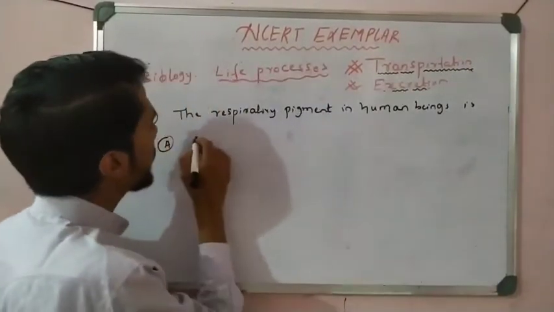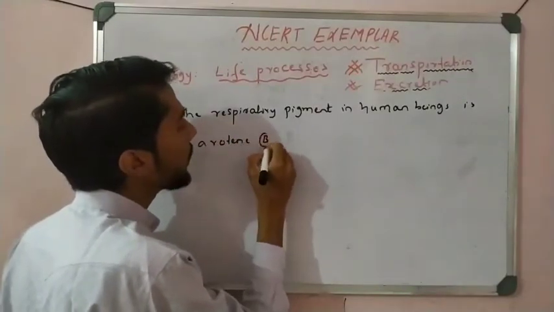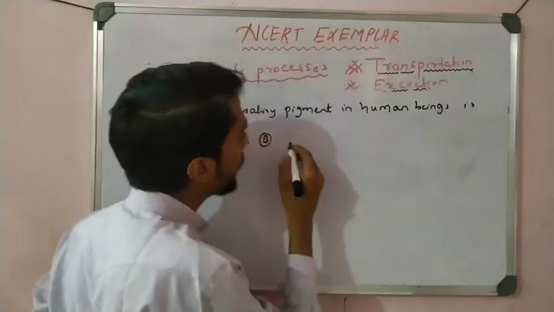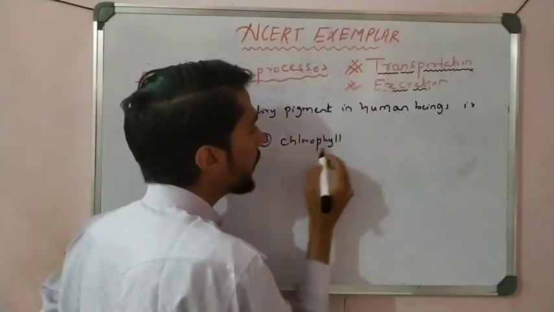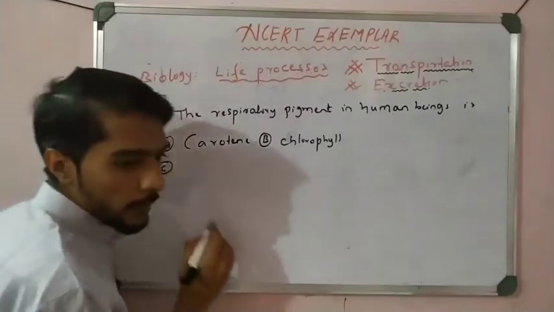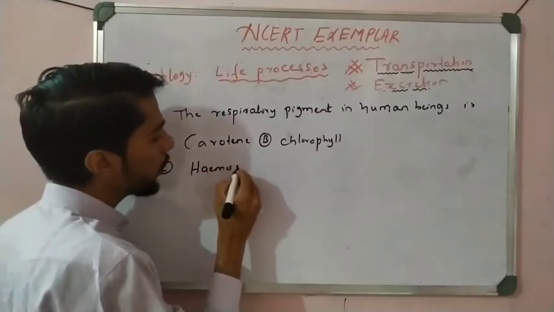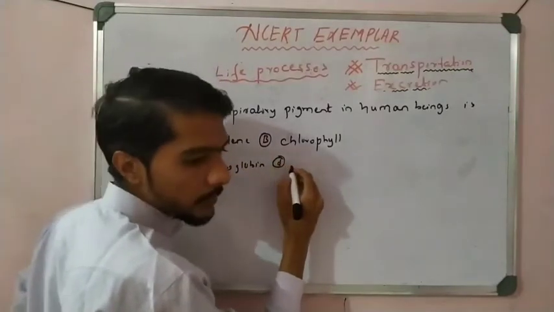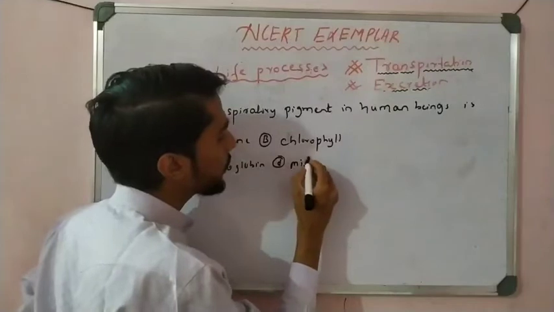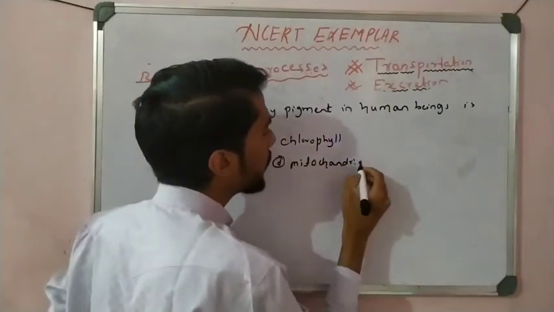One option is carotene, one is chlorophyll, C is hemoglobin, and D is mitochondria. So simple question.